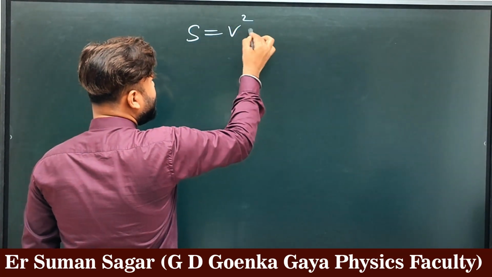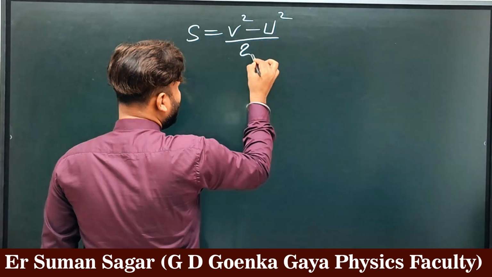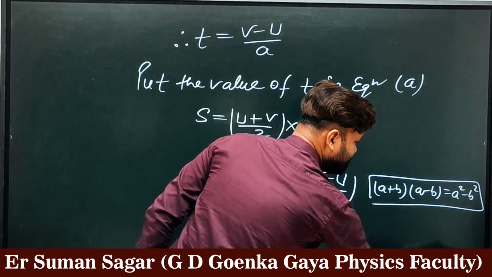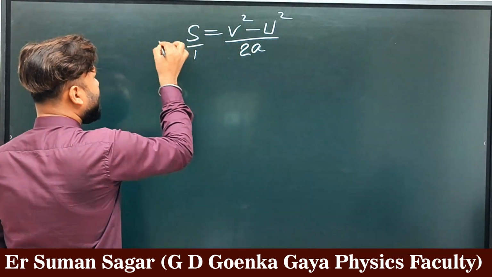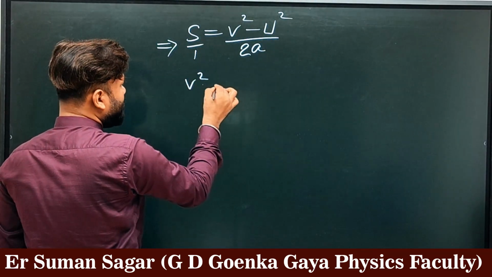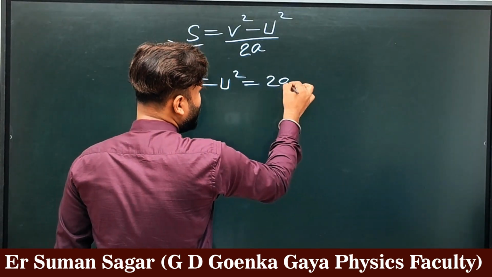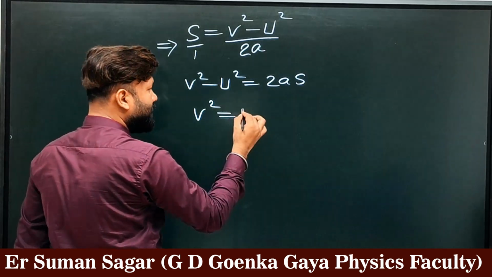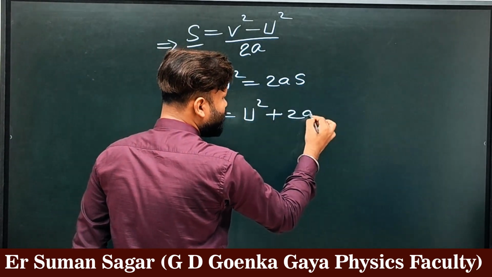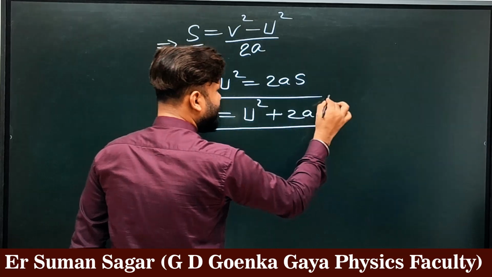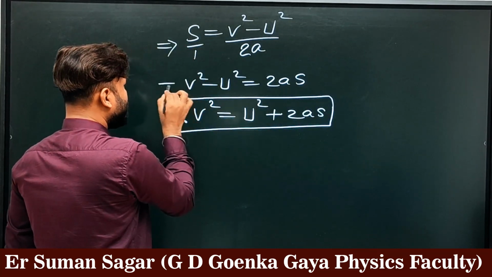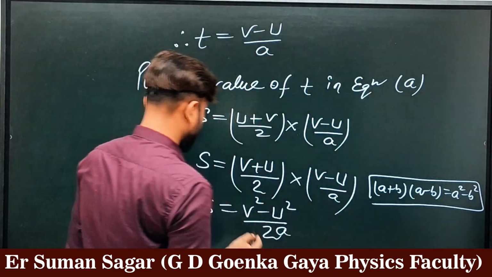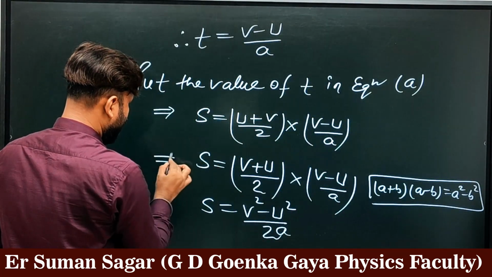So s is equal to (v square minus u square) by, here 2 and a multiply, so it is 2a. Cross multiplication, v square minus u square is equal to 2as. So v square, this minus u square will go right side of equal, then it will be positive. So v square is equal to u square plus 2as. So this is the third equation of motion students.